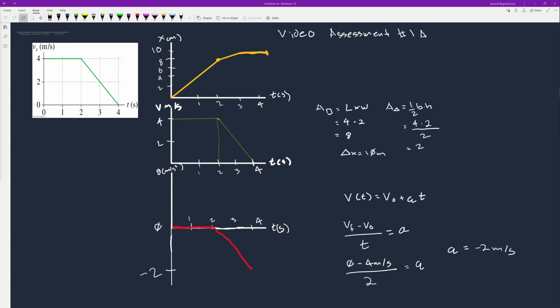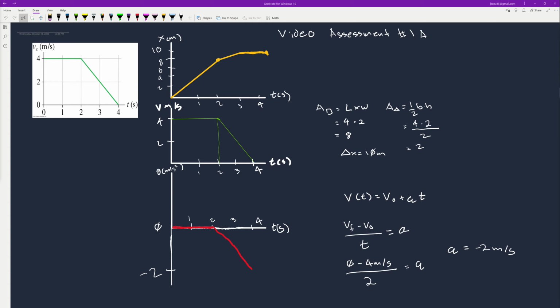There's multiple ways to do it. What I find easiest though is by using a little bit of calculus and graphical analysis. What's interesting is that velocity is actually just the derivative of position, and similarly, acceleration is just a derivative of velocity.